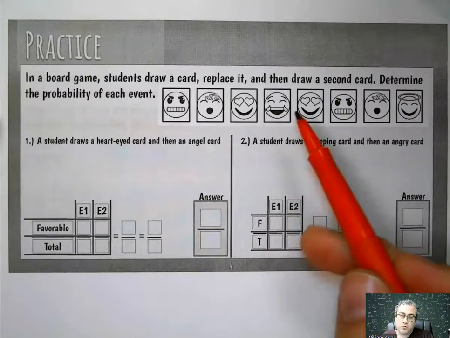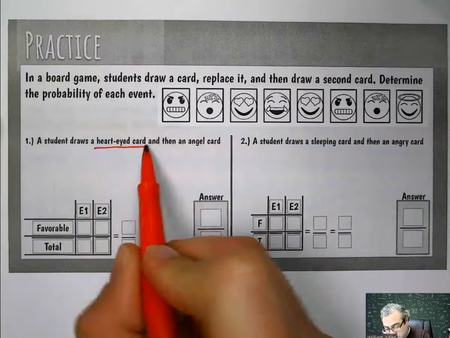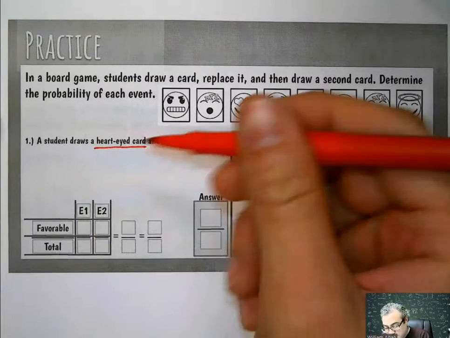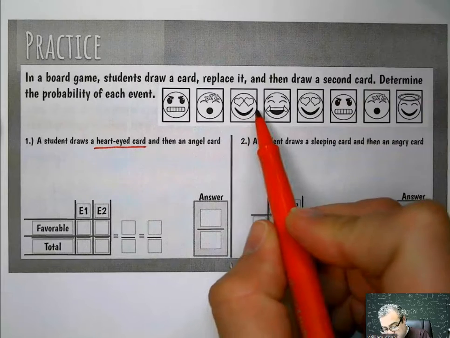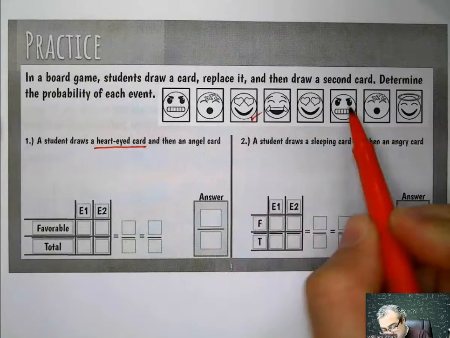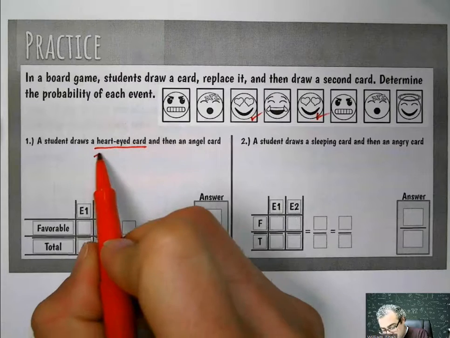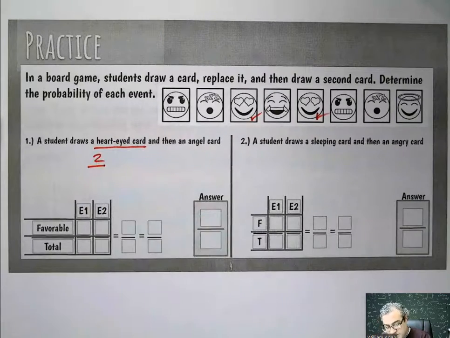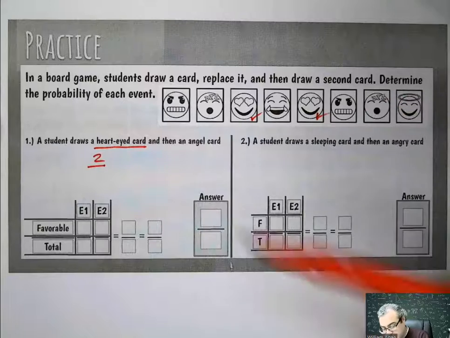So, for the first event, it's a heart-eyed card. Well, remember it's favorable over total, and I have 2 heart-eyed cards. So that would be 2 over, how many total do I have? 1, 2, 3, 4, 5, 6, 7, 8.